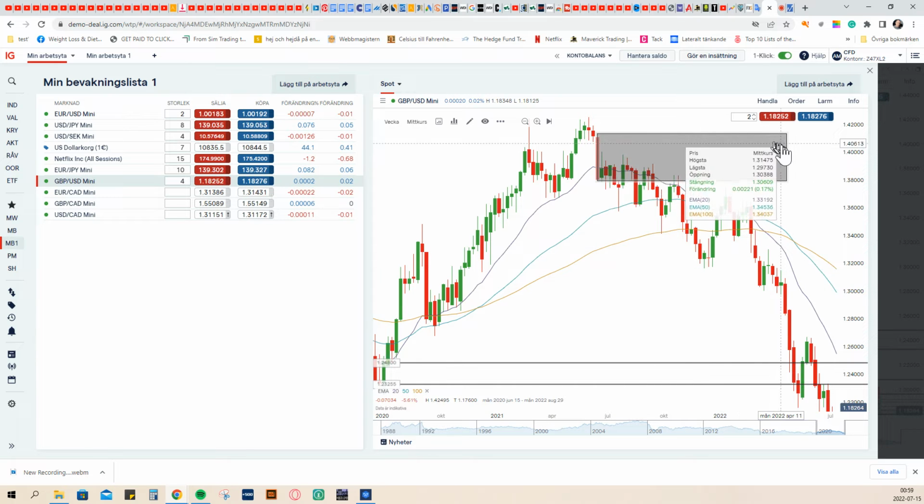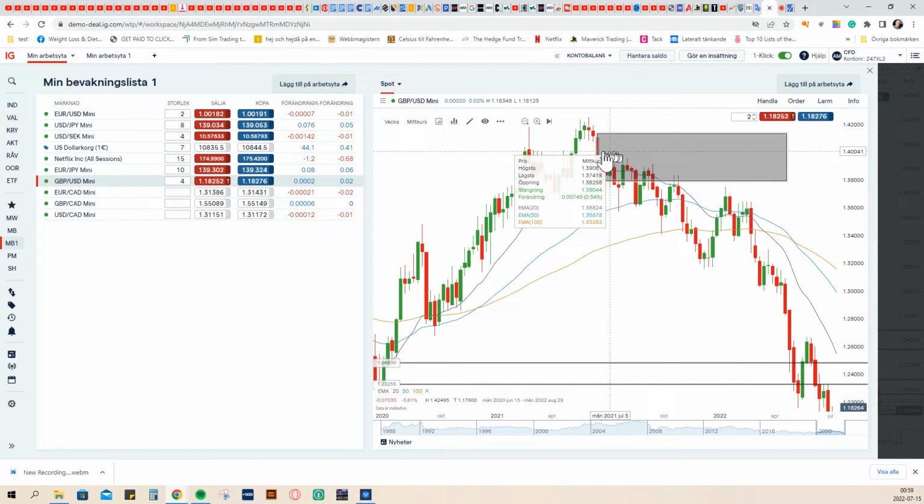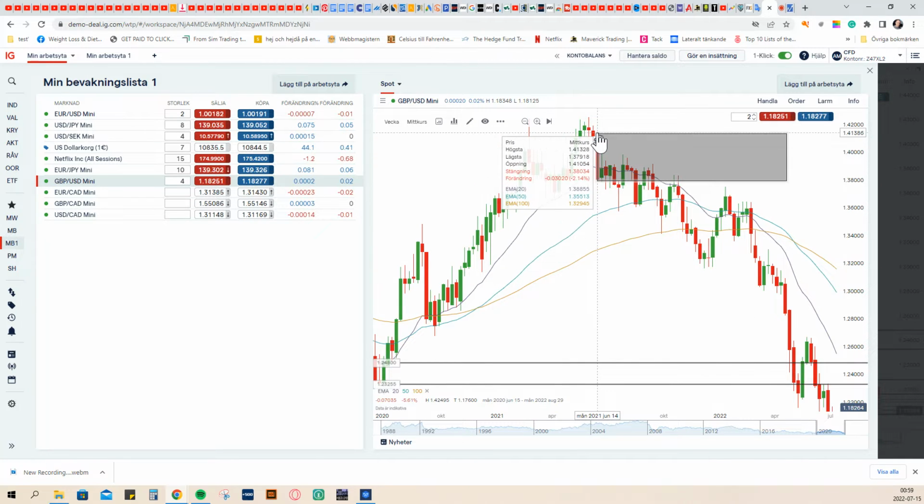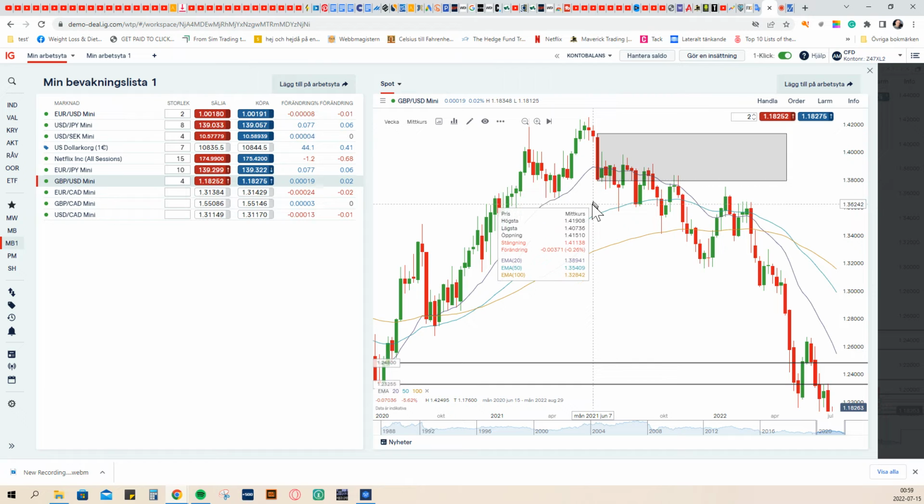I do this because I will tell you why I make this so long. Okay, so this bearish bar here, that's a sell signal. It's a mother bar. Why? Because you have an inside bar here, this one.